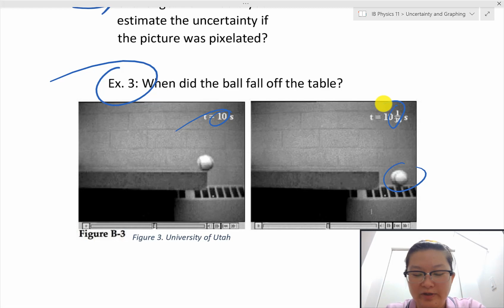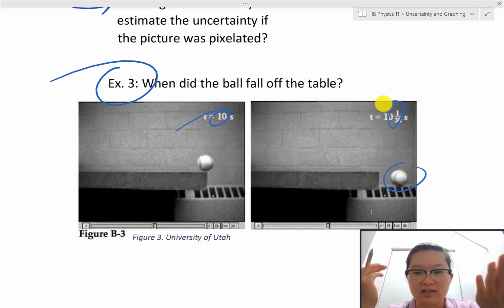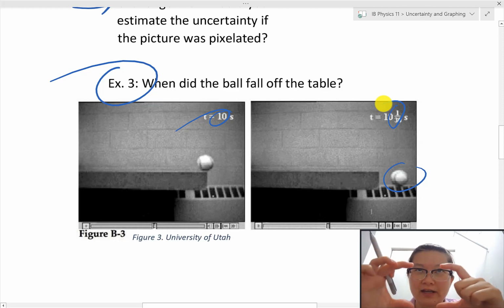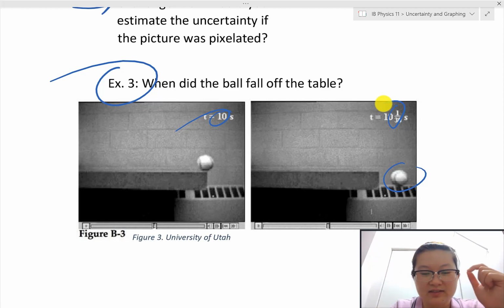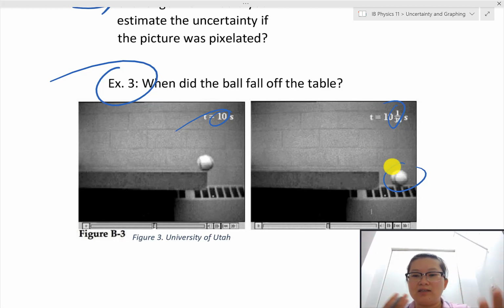That has to do with how many frames per second your video taking device is able to do. This particular device is able to take 30 frames per second, meaning that one frame is 1/30th of a second. So one frame later, the ball has already left the table. We think that the ball left the table between 10 seconds and 10 1/30th of a second.